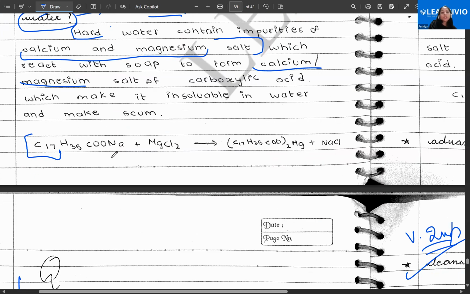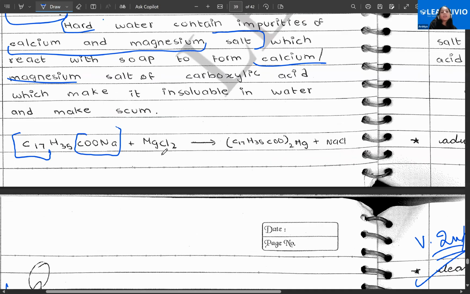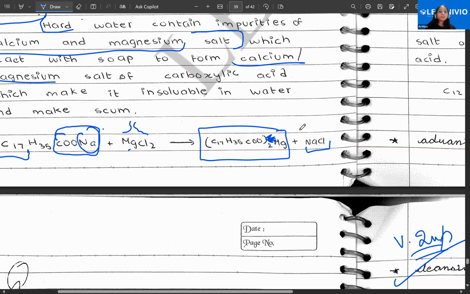So this is a soap containing sodium. Now this is the hard water, MgCl2. As a result, the sodium is removed and reacts with the chlorine, and the magnesium gets attached to this detergent chain. So it's replacing.